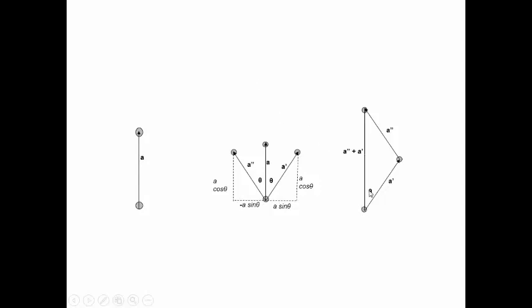And if these are two lattice points and we connect them together, we get a new line. By our lemma, A double prime plus A prime is also going to connect two lattice points. So now we'll combine all this.